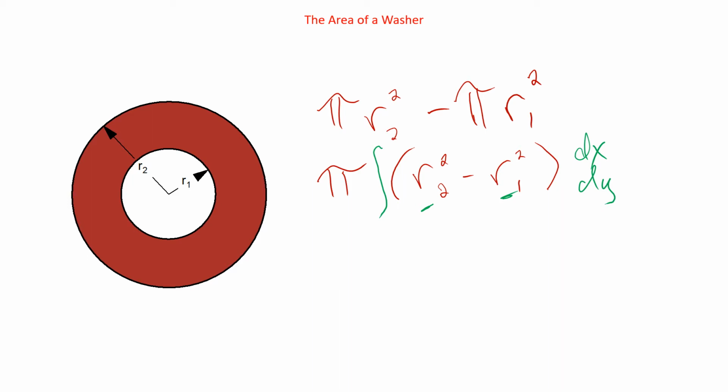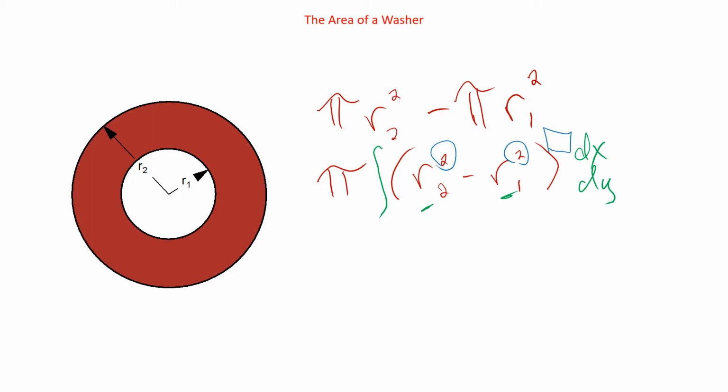Now, this looks kind of reminiscent of section 2 as well, because we had the big one minus the little one squared. The big difference here is it's not the big one minus the little one squared. It's the big one squared minus the little one squared. Notice the squares are on the inside.